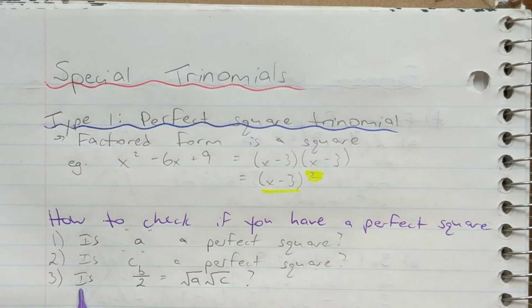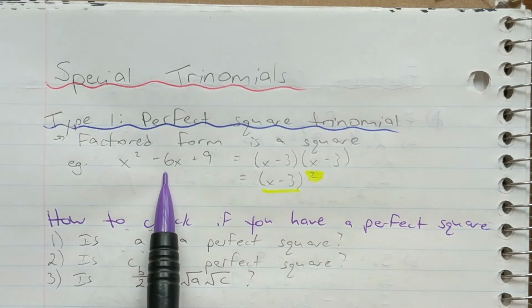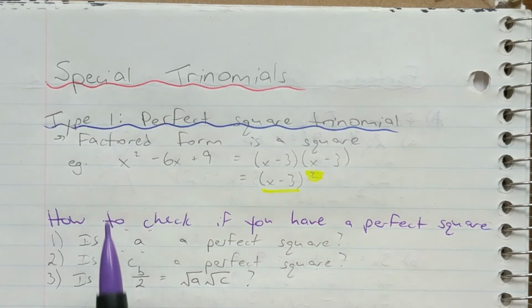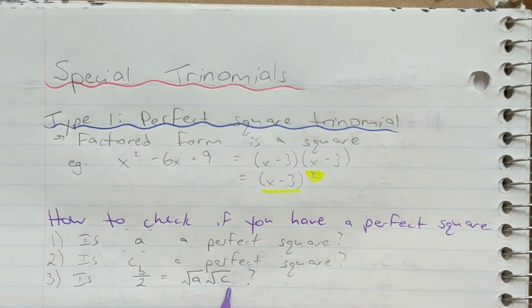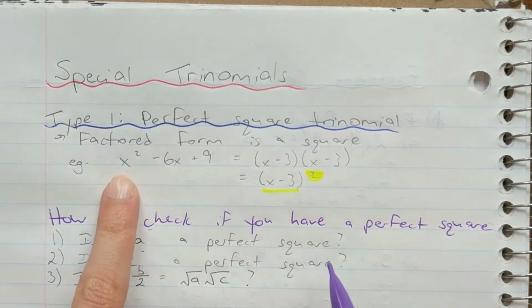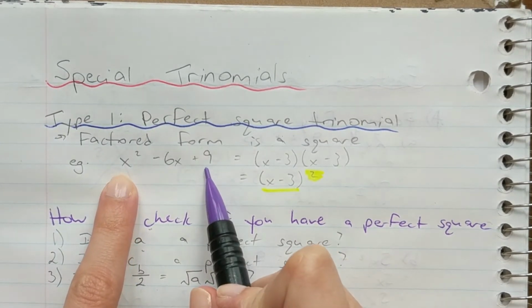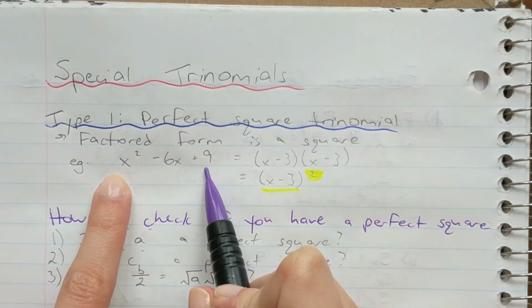Step number 3 is a little bit more complicated. I need to look at B divided by 2. So in that case, 6 divided by 2, which is 3. Is it equal to the square root of A times the square root of C? So remember, A was 1 and C was 9. The square root of 1 is 1.